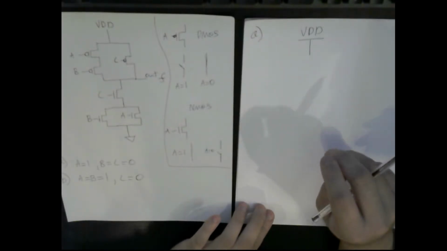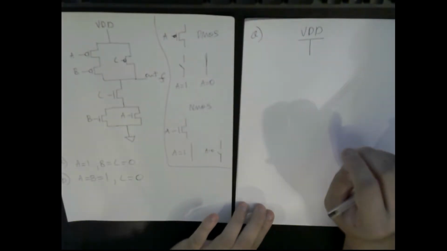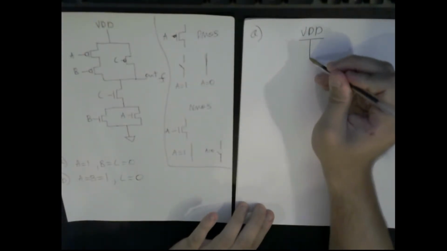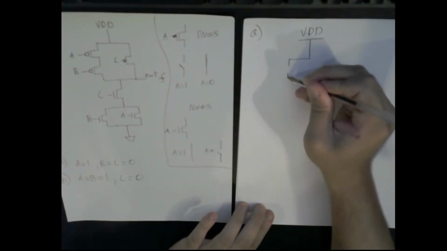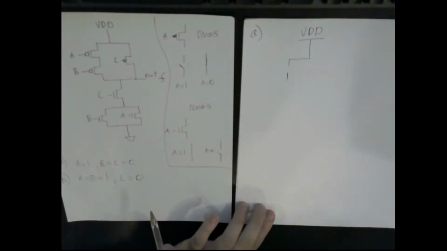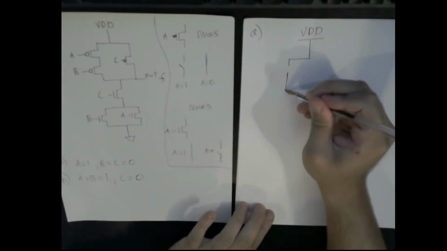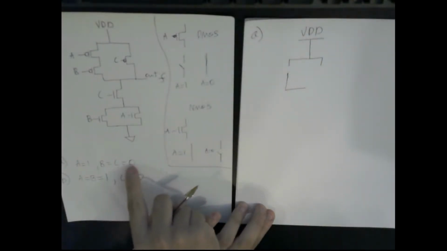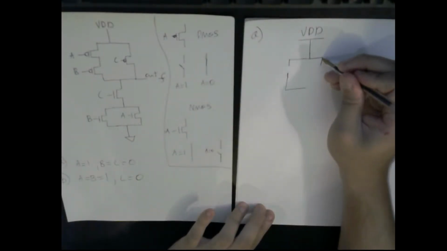Whenever I have a 1 into a PMOS, I'm going to have an open circuit. So right here where this A is, I'm going to have an open circuit. B is equal to 0, so it's going to be like a closed circuit. So we have another branch here, C. C is also equal to 0, so it's also going to act like a closed.